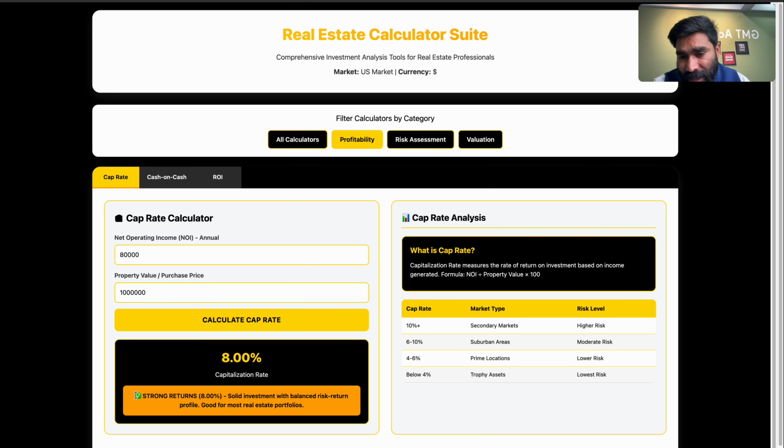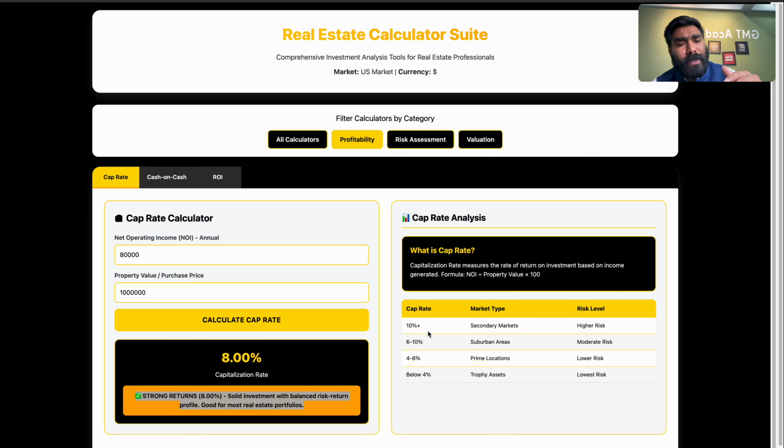Capitalization rate, as I already said, basically talks about how much income you have generated from this particular property. In this context, an 8% capitalization rate is a strong return or solid investment with a balanced risk-return profile, good for most real estate portfolios.